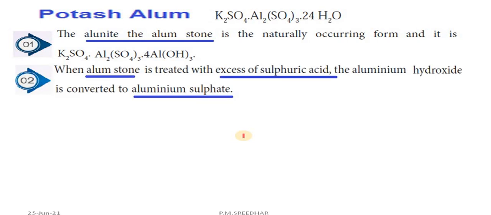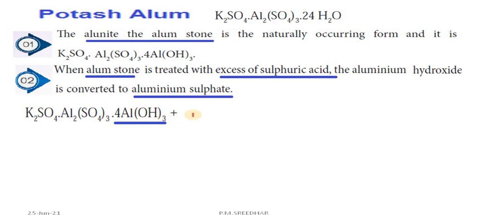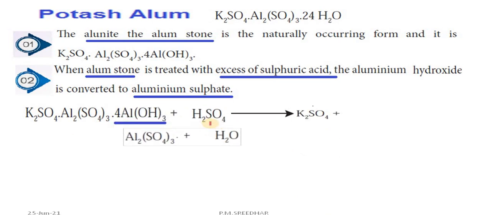When alum stone is treated with excess of sulfuric acid, the aluminium hydroxide is converted into aluminium sulfate. You see here, this is the alunite stone which has the formula K2SO4.Al2(SO4)3.4Al(OH)3. It is treated with excess of sulfuric acid, H2SO4, and gives potassium sulfate, aluminium sulfate and water.